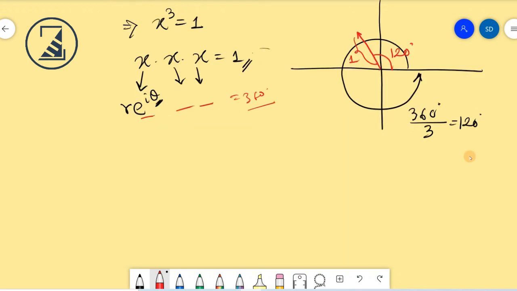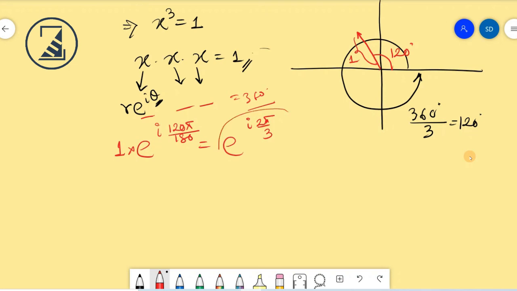So let's write down our solution. This will be 1 times e to the power i theta, and theta has to be written in radians, so 120 pi by 180. This is e to the power i 2 pi by 3.